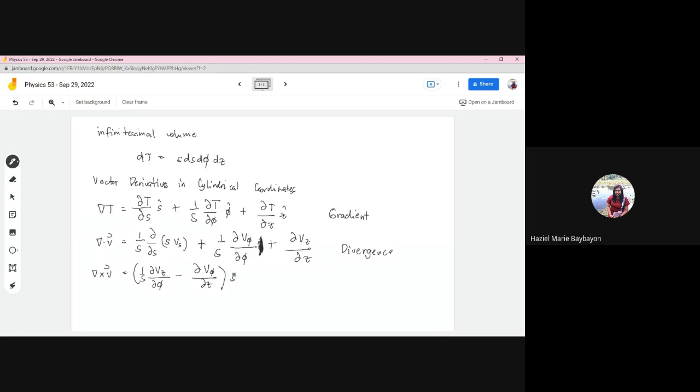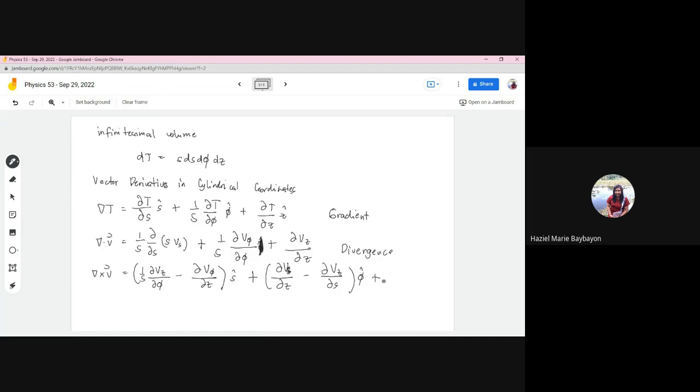So this is your s component. Then the partial derivative of v sub s with respect to z minus the partial derivative of v sub z with respect to s. This is the phi component, the azimuthal component.